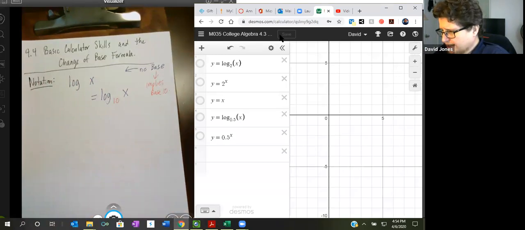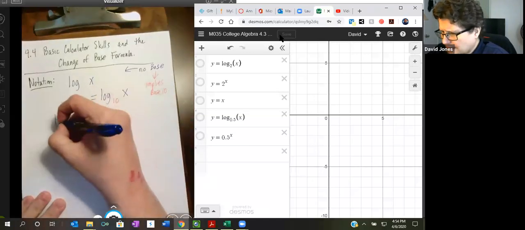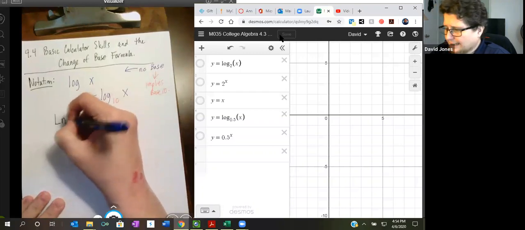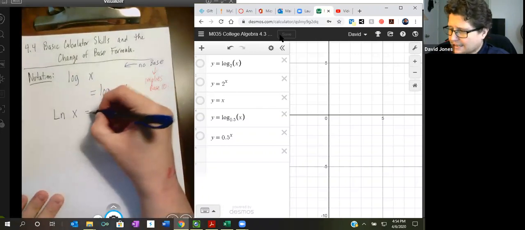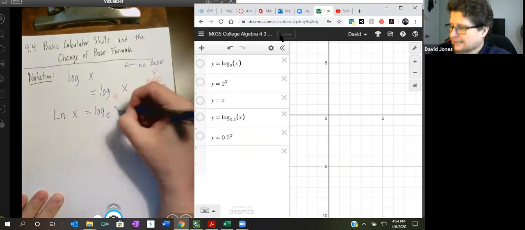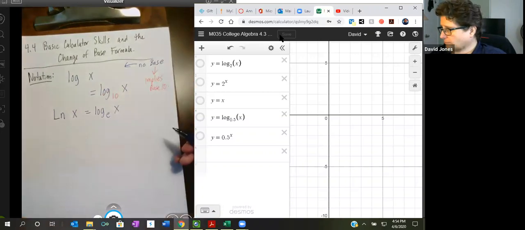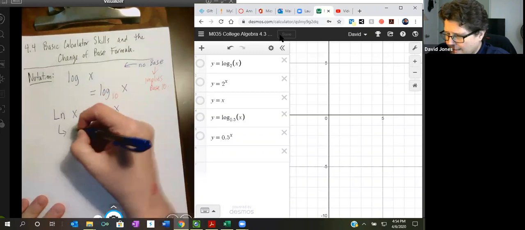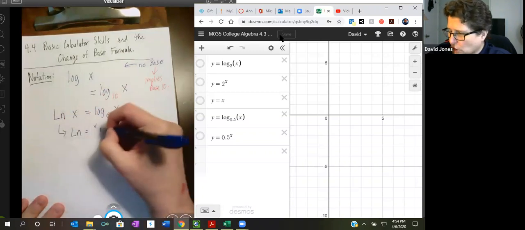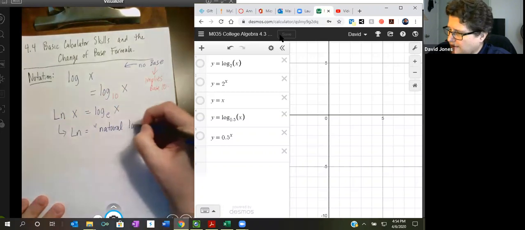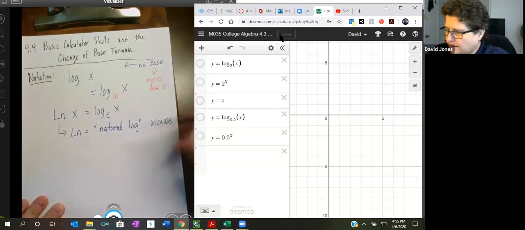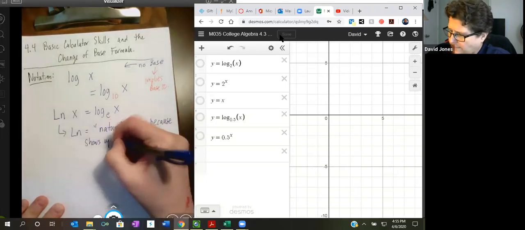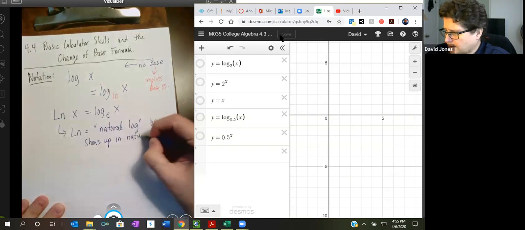And if you see this notation, ln, I'm going to write ln like that because my l's look like 1. ln of x means log base e of x. ln stands for natural log because e shows up in nature so much.